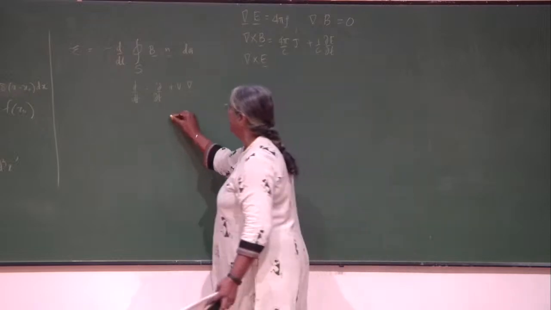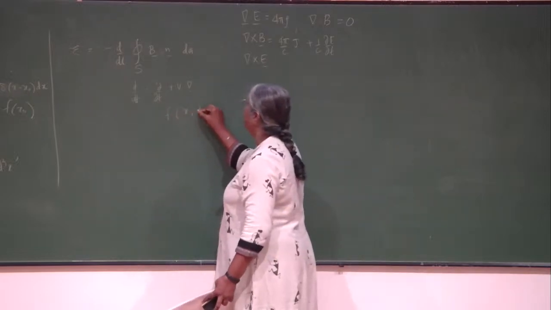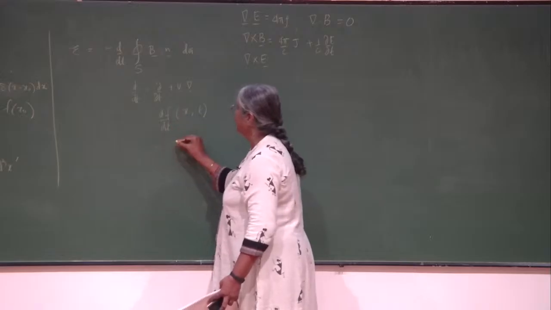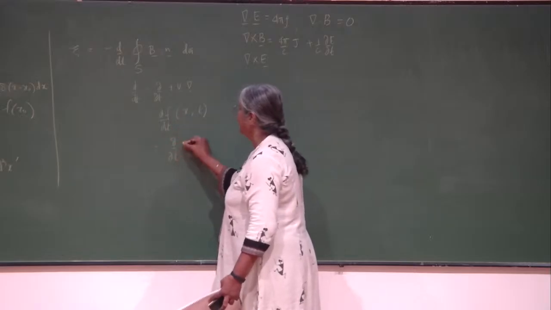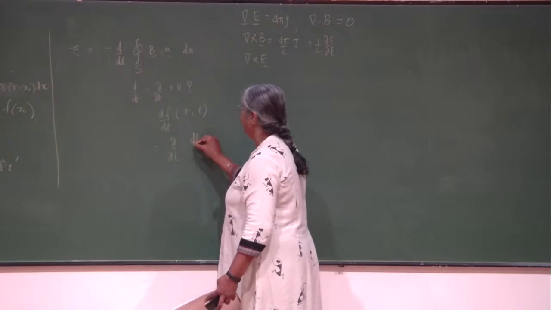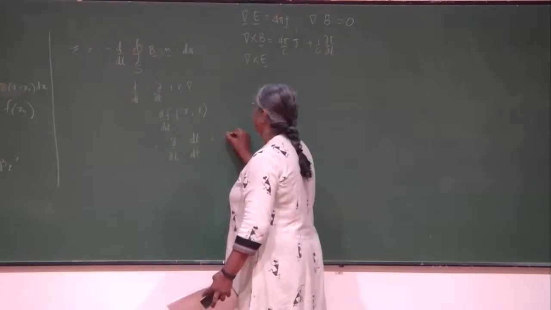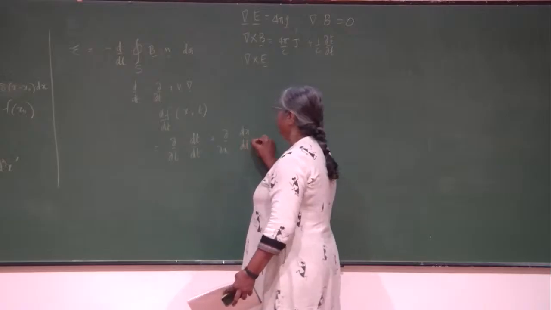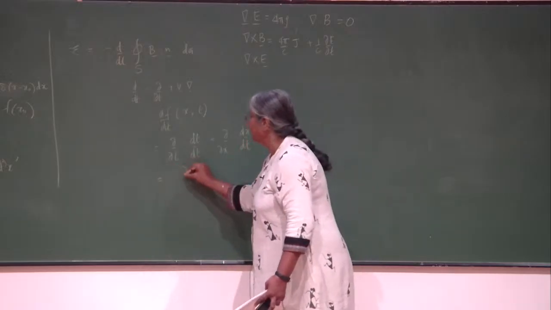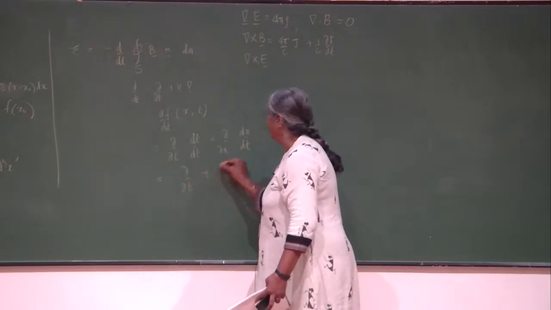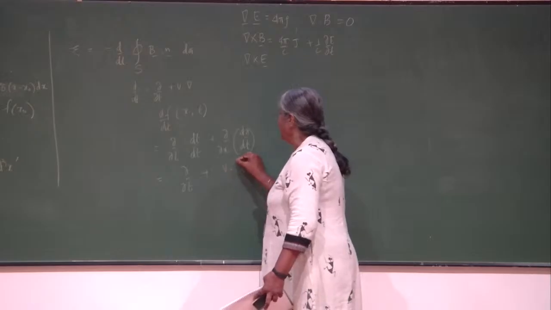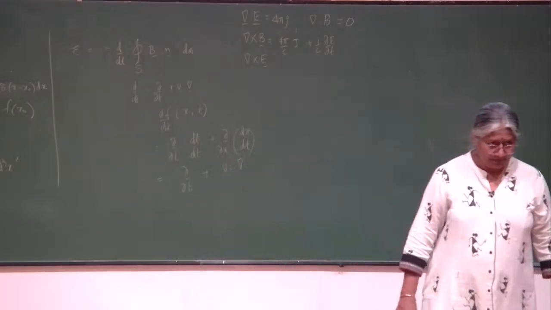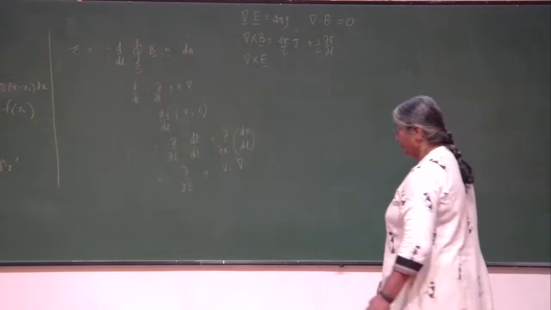Because if you have some function of x and t, then d by dt of this is partial d by dt into dt by dt plus partial d by dx, I have taken only one dimension, into dx by dt. dt by dt is 1, so that is partial d by dt plus dx by dt, which is the velocity, and if I take 3 dimensions, that becomes del, right. Is it clear? Fine.